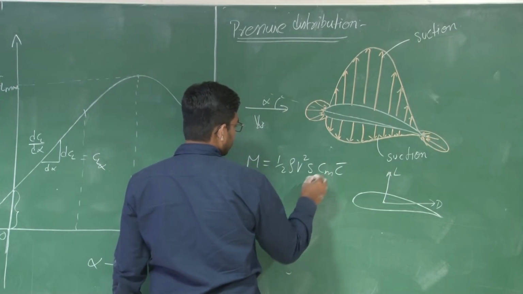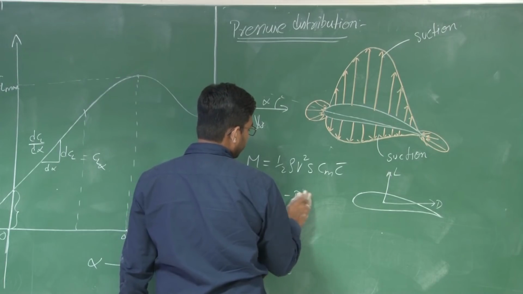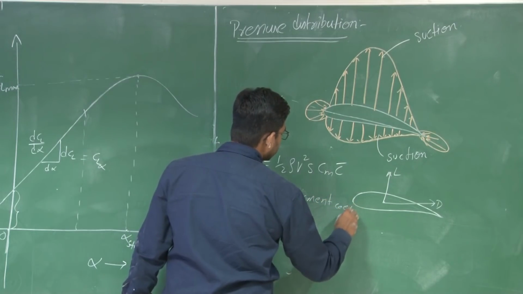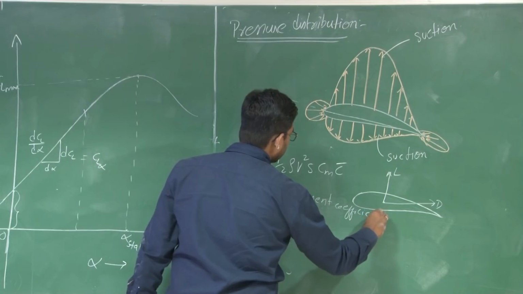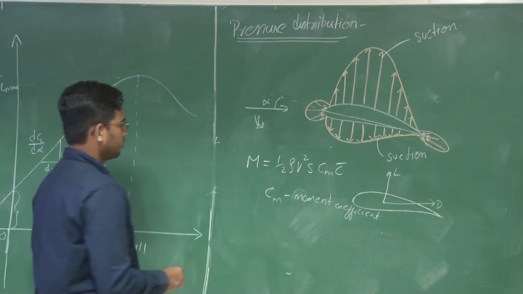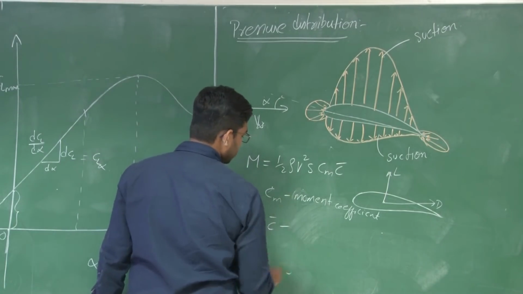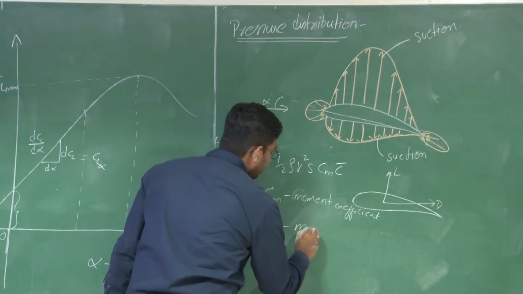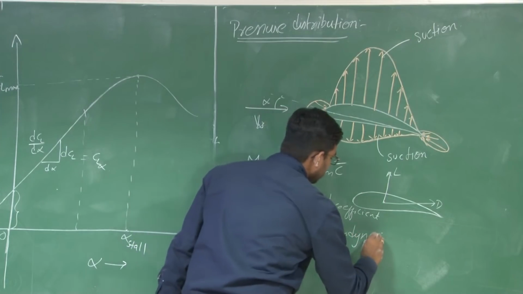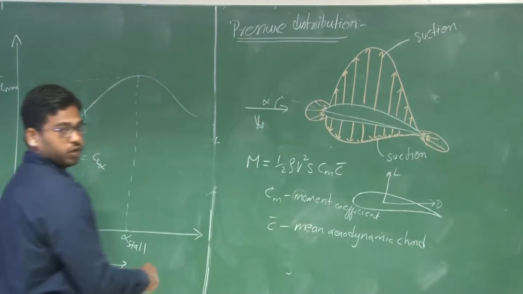So where Cm is a non-dimensional pitching moment coefficient, or moment coefficient. And what is C bar? It's the mean aerodynamic chord. We'll see what this mean aerodynamic chord is, the chord for a wing or chord for an aerofoil.